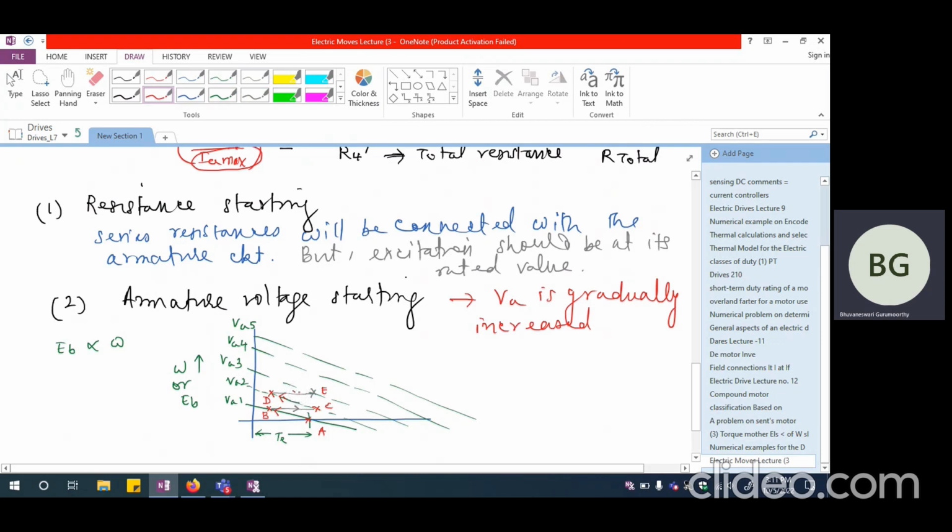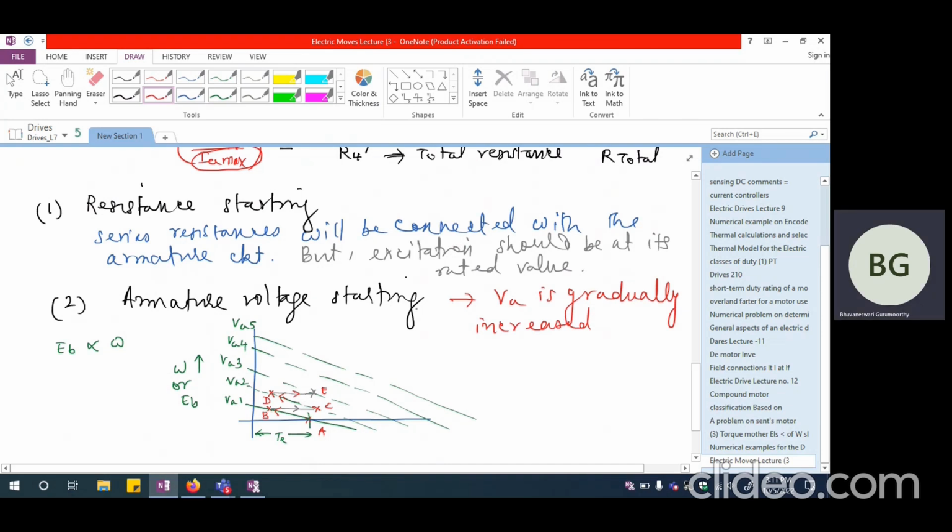So you see that generally either by armature voltage control or by resistance adjustment, you would be in a position to start the DC motor without the armature current exceeding its limit.